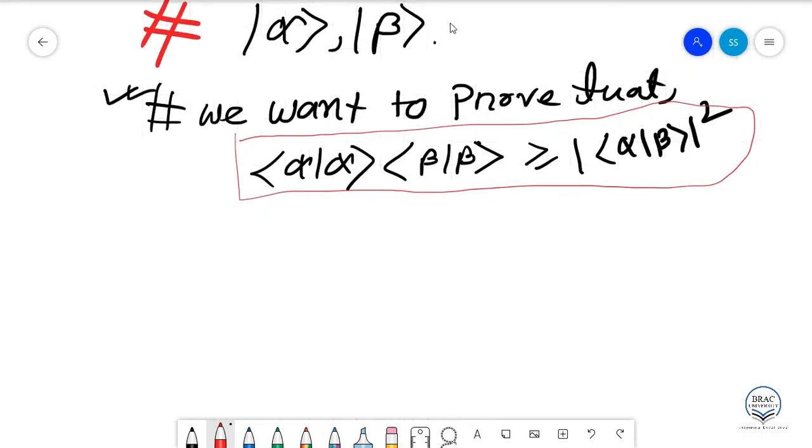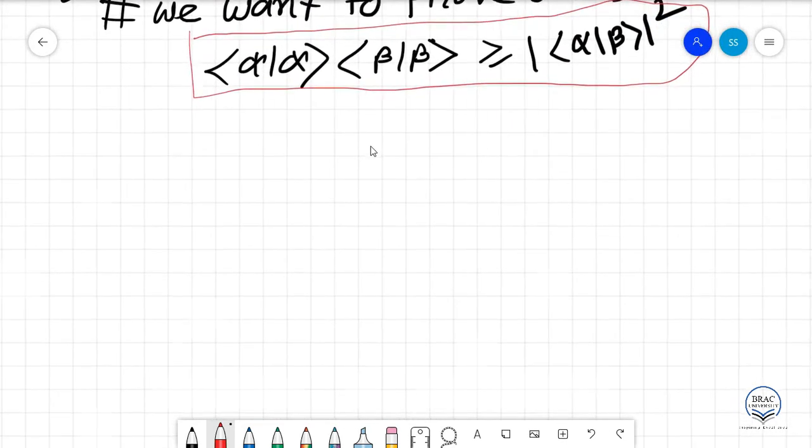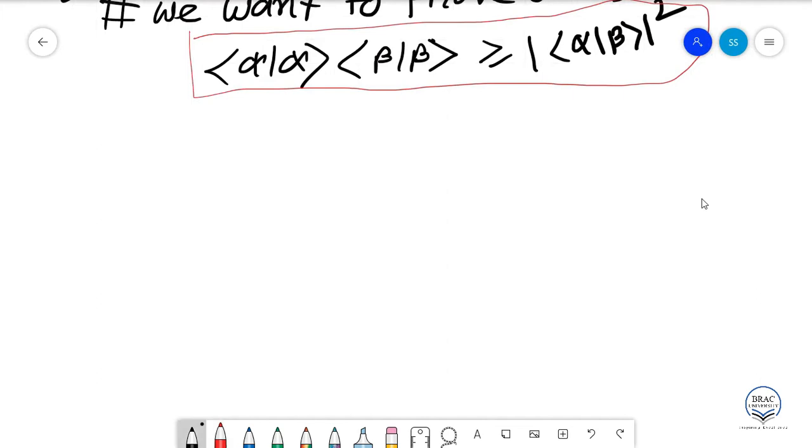And the way to do it is the following. First, we want to write another vector, let's say some gamma vector. Okay, so let me just write the proof.